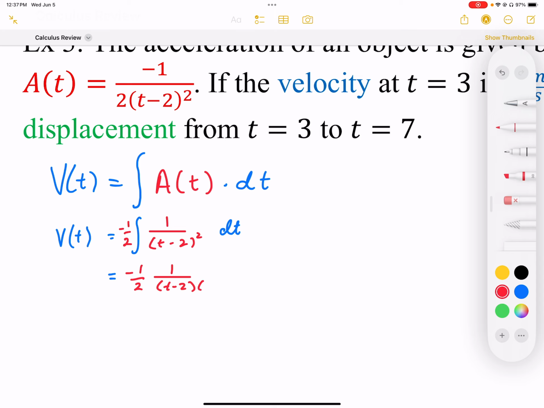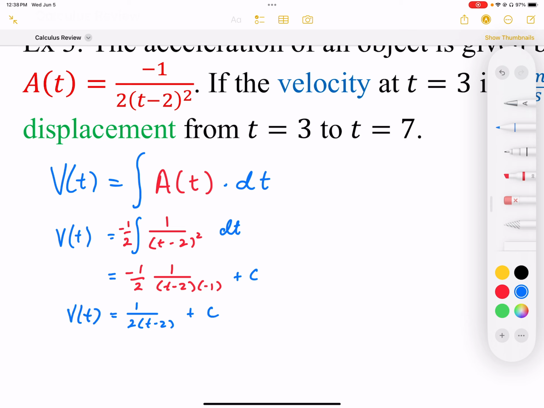I'm just going to put that negative 1 down here like that. Okay, and then we have our plus c. Simplifying that out, I end up with 1 over 2 bracket t minus 2 plus c, and I have to solve for that plus c.